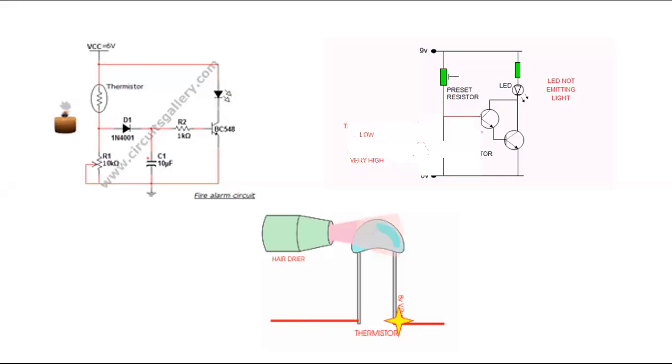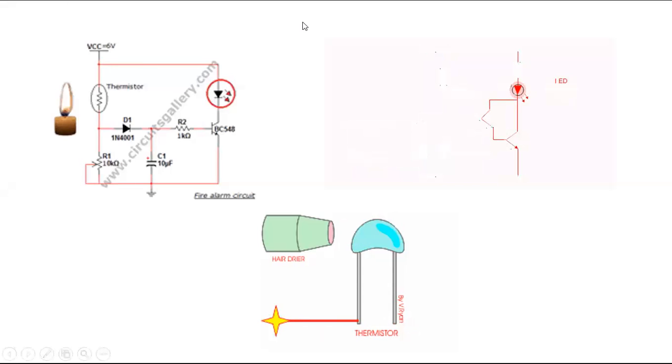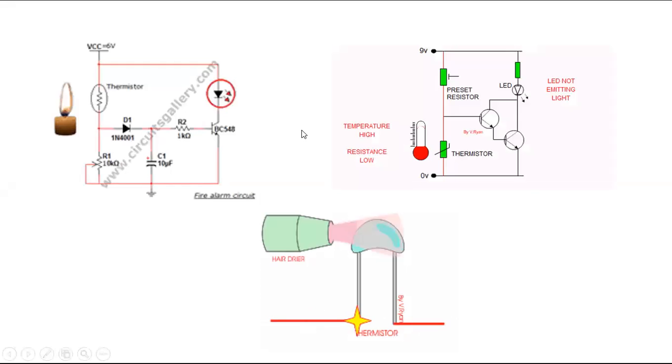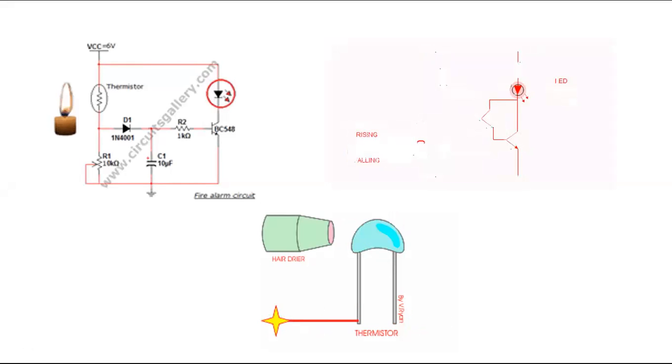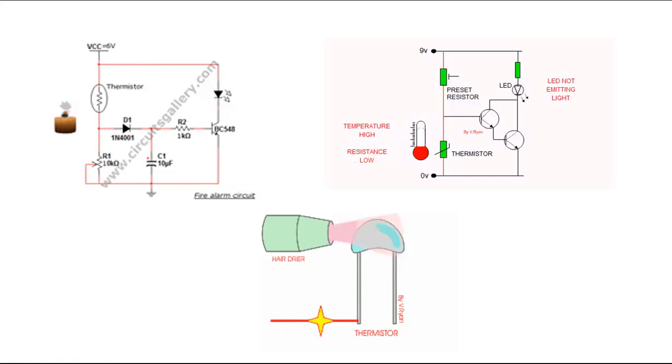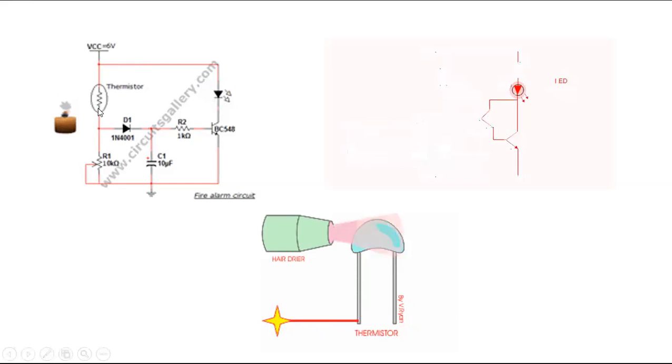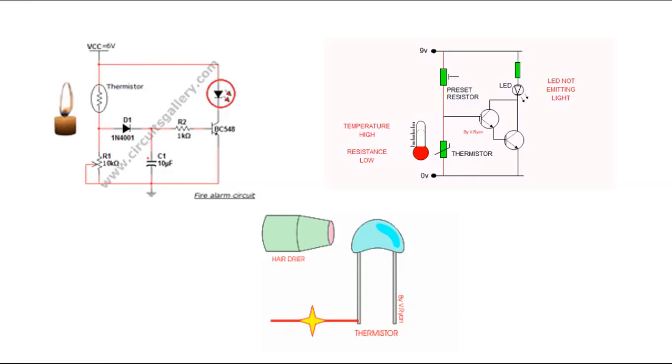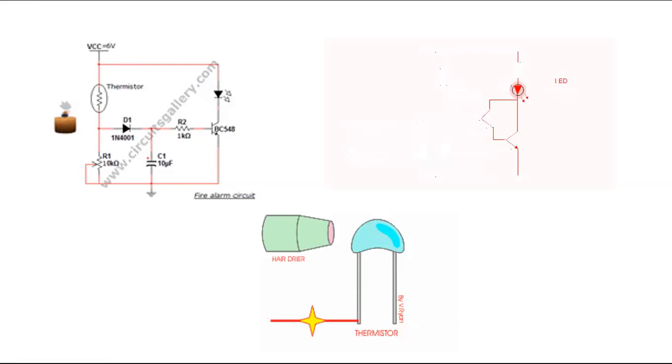So whenever a suitable intensity of heat is applied on the thermistor or brought close to the thermistor, once again I am repeating, the resistance of the thermistor decreases.